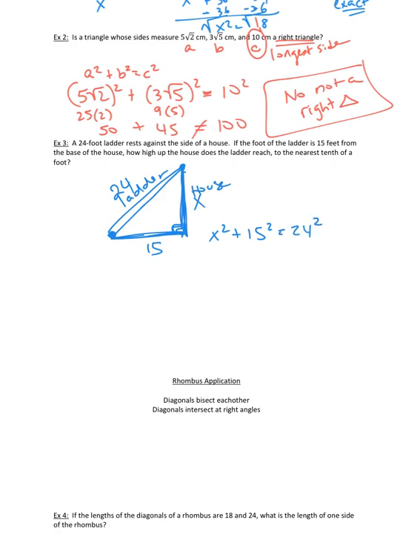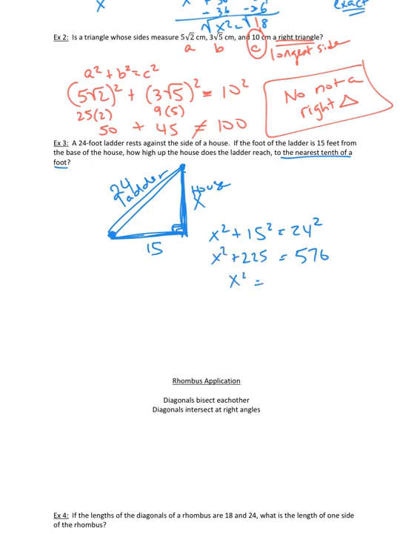This doesn't involve any radicals because they are asking me to round to the nearest tenth of a foot. So just be aware that if it says to round, then you're not exact and you're not in simplest radical form. You're going to use your calculator and round it. So I have 24 squared is 576, and 15 squared is 225, and I'm going to subtract.